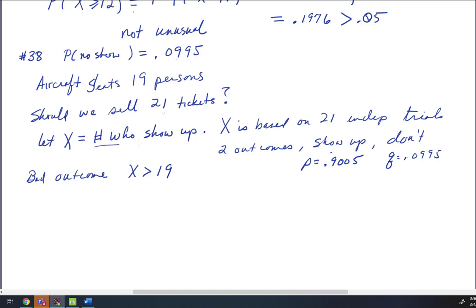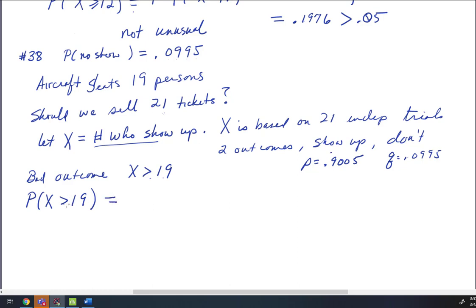If we get the number who show greater than 19, I don't have seats for everybody, so somebody's going to be disappointed. So we want to know if this is a good idea. I don't know a better way to decide if it's a good idea than by seeing how often this is going to happen. That is, what's the probability that X is greater than 19?